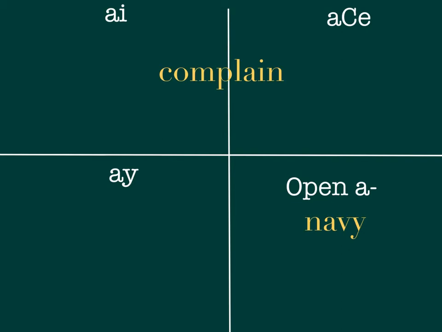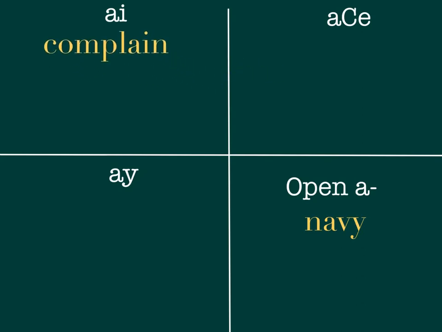Now help me with the word complain. Where do you hear the long A sound? What letters make the long A sound? That's right, AI. It's in the last syllable, complain. So the last syllable is our accented syllable, and we will move it to the AI category.